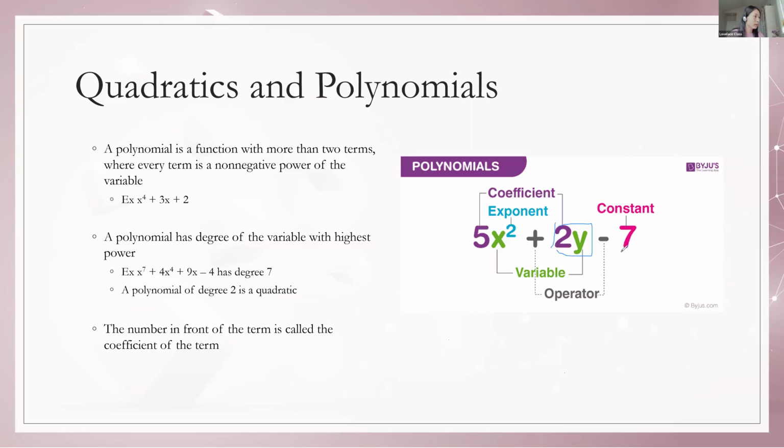Technically this is times x to the 0, but x to 0 is just 1, so we just leave that off. If there's no x, it's called a constant. And something times x, this constant number, is called a coefficient.